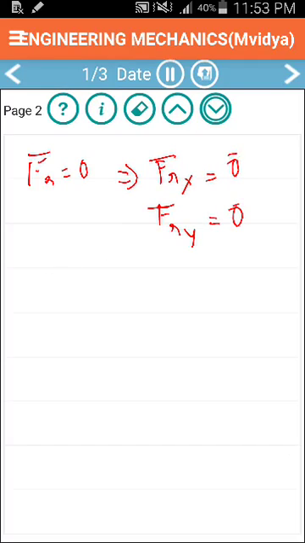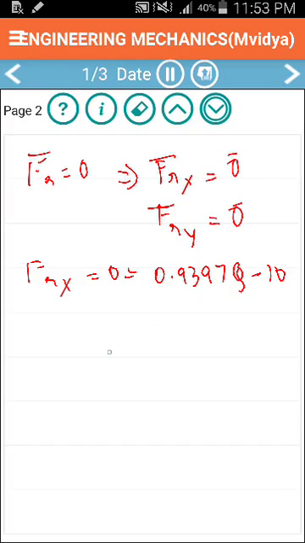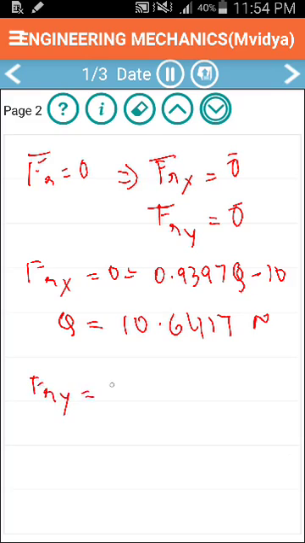The x component of the resultant, if I add all the 5, so 20 minus 30 is minus 10, so I get 0.9397 Q minus 10 is 0. So from here I get Q is equal to 10.6417 newtons.